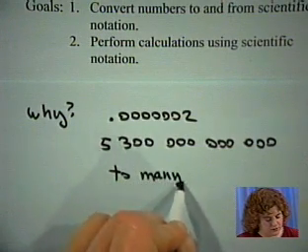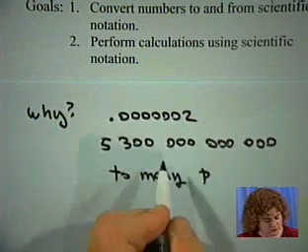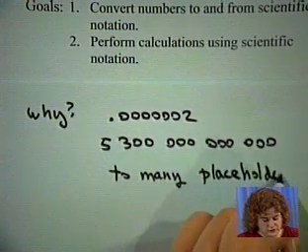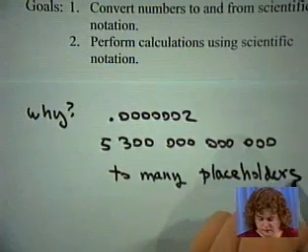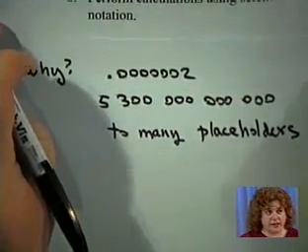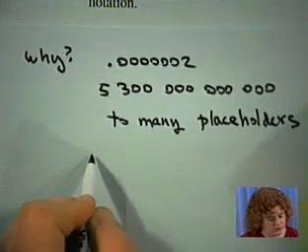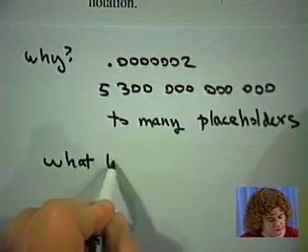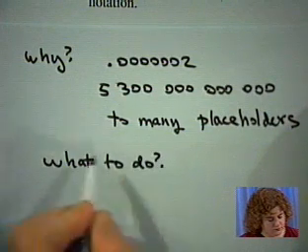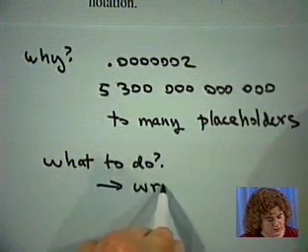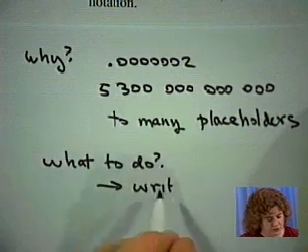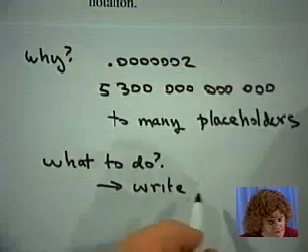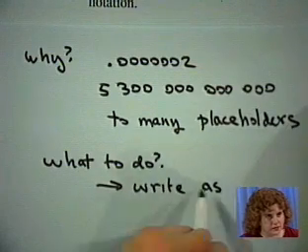You have to keep counting zeros all the time. So what we'll do is we'll write these as a product instead of writing them out in this manner. And we'll work with numbers a little more convenient than those for the sake of this lecture.